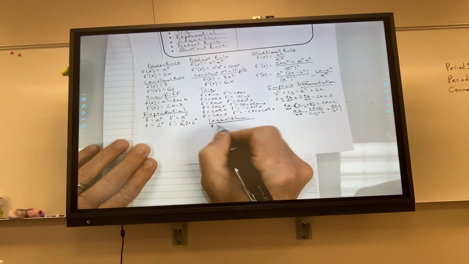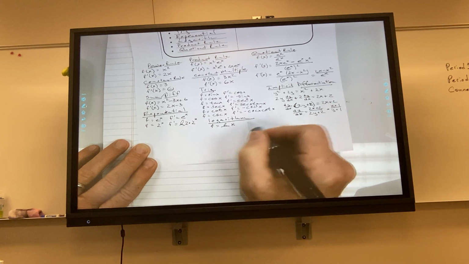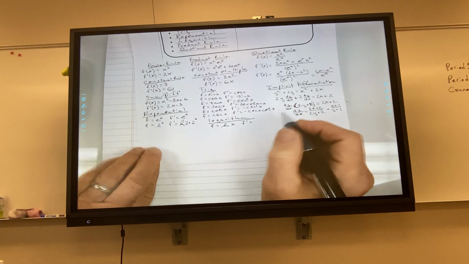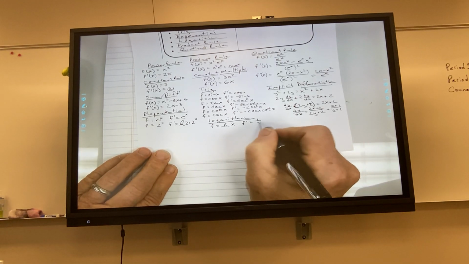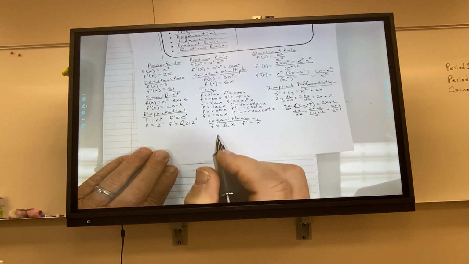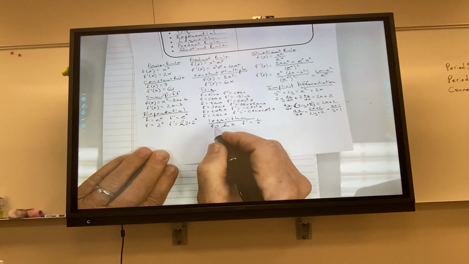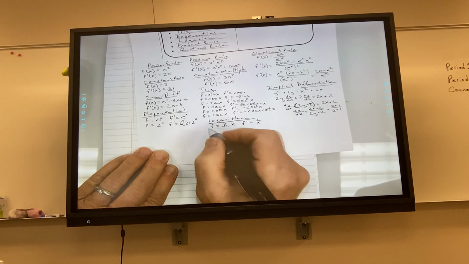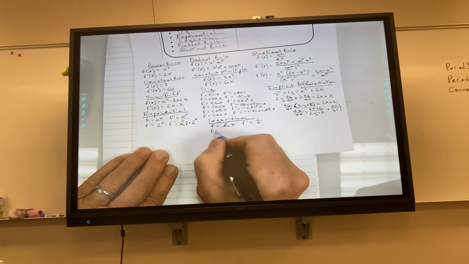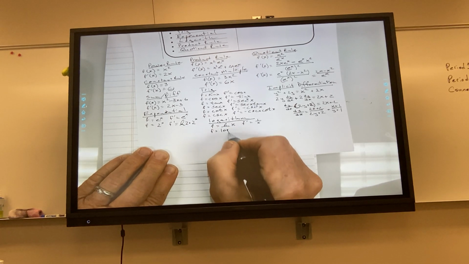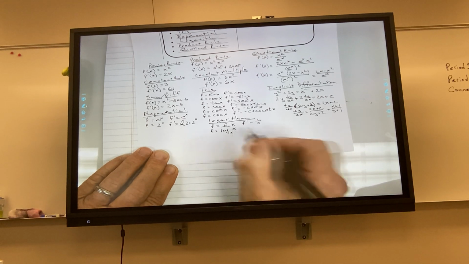So f equals the natural log of x, f prime equals 1 over x. Excellent. And then what's the other one I have here? F equals log base 2 of x.